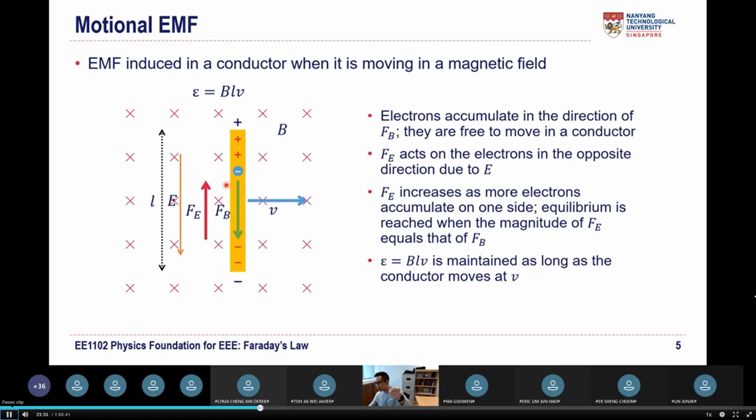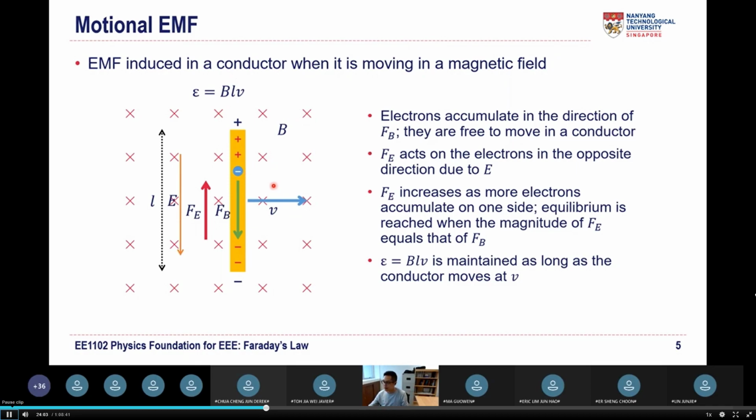So even if you continuously keep on moving, once a certain level of accumulation and deficiency of electrons is reached, it will stop there, and that is given by this equation. So you can calculate the electromotive force created by this motional EMF using this equation. And of course, in this case, this would be for everything at 90 degrees.